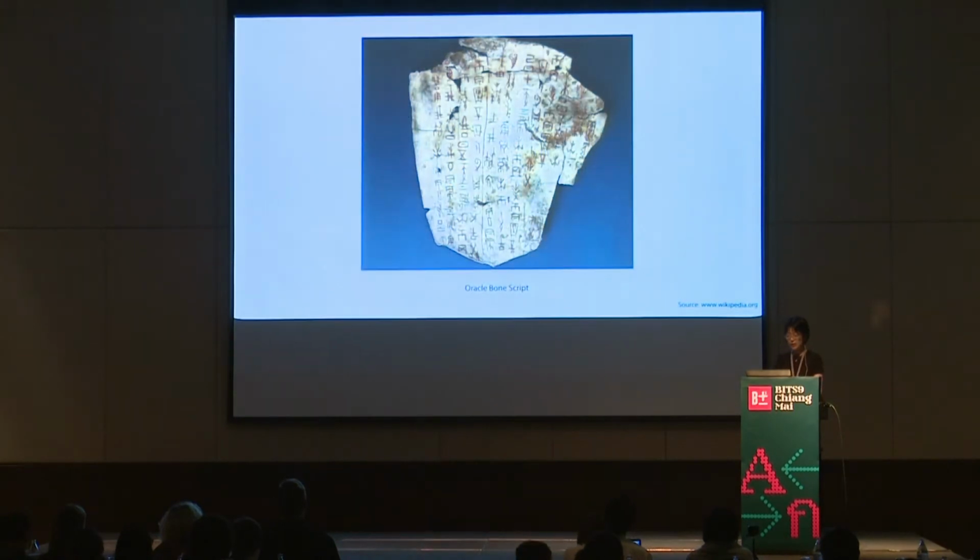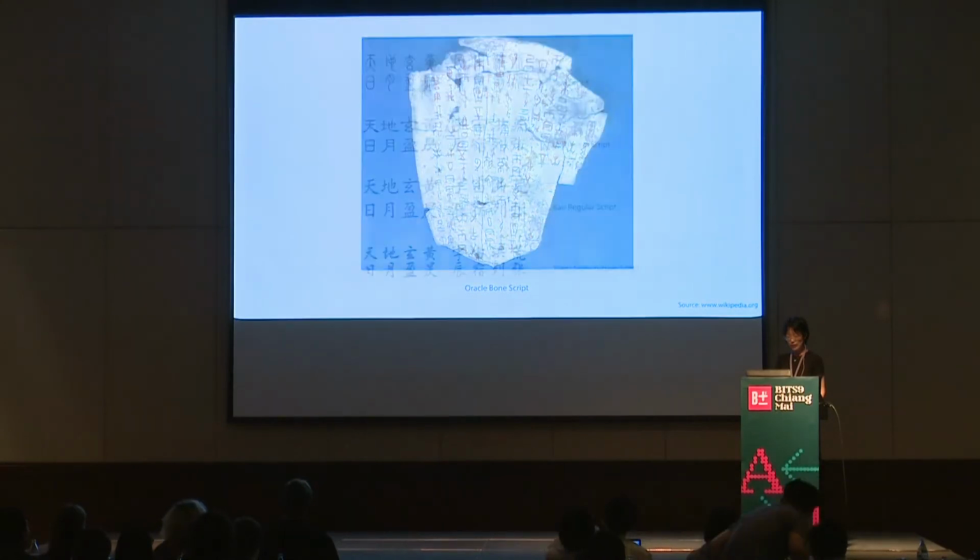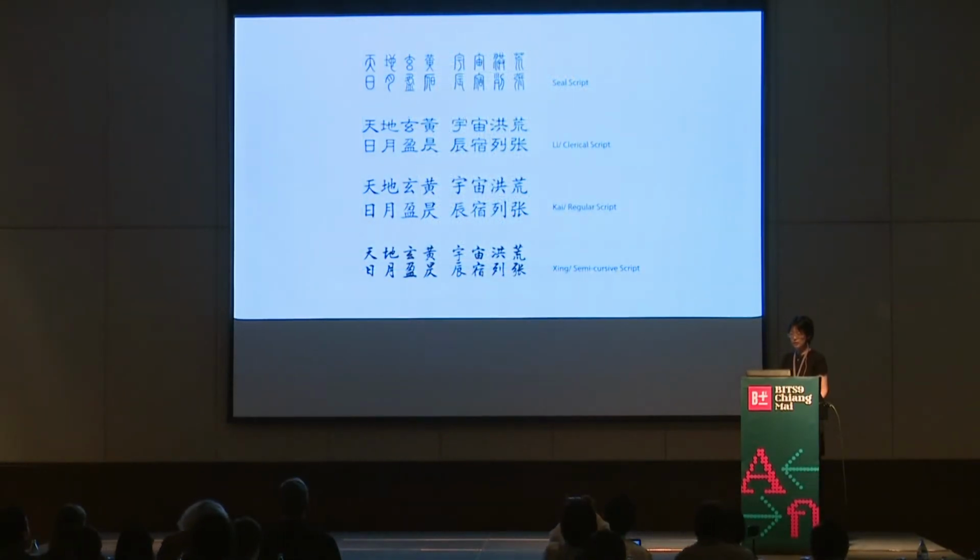In comparison, the history of Chinese characters is much longer. It can be traced back to the appearance of oracle bone script about 4,000 years ago. Then Chinese scripts developed into seal script, clerical script, regular script, and semi-cursive script.